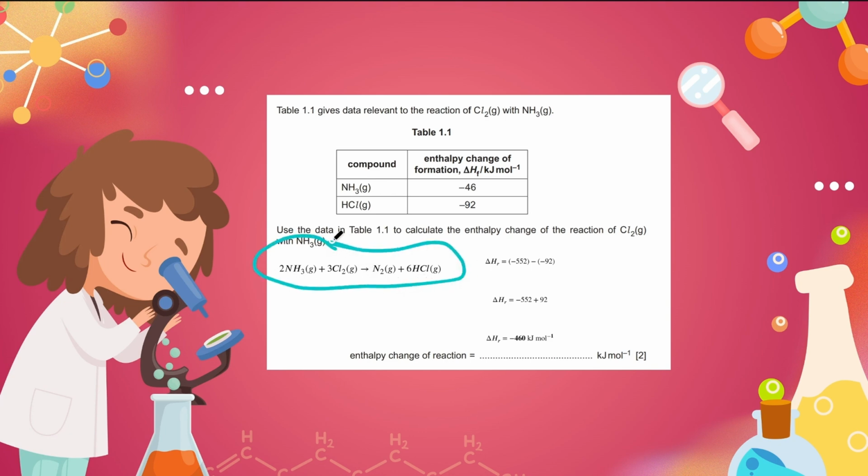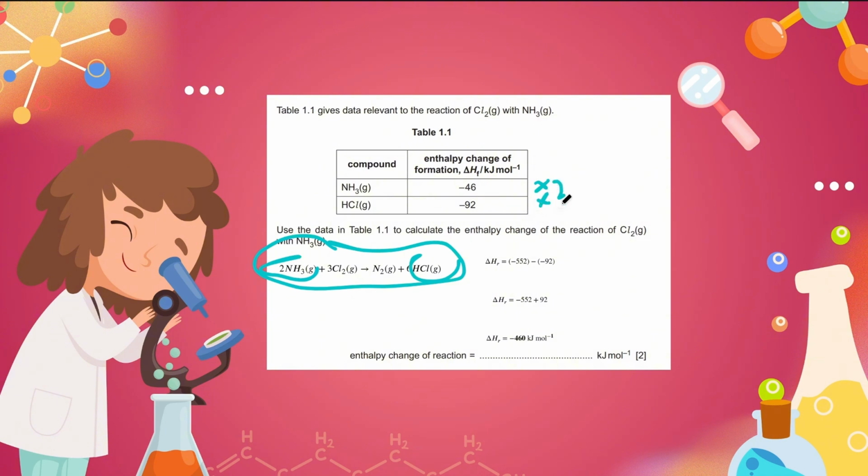2NH3 plus 3Cl2 makes N2 plus HCl, hydrogen chloride. Since we only know two of the compounds, which are HCl and NH3, we multiply the NH3 by 2, while the HCl we multiply by 6.